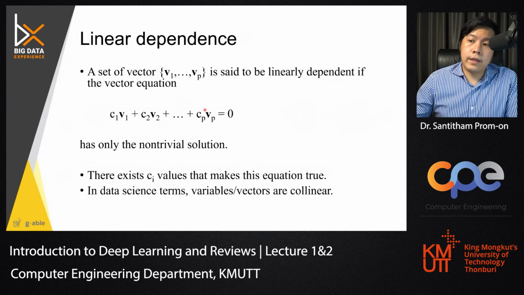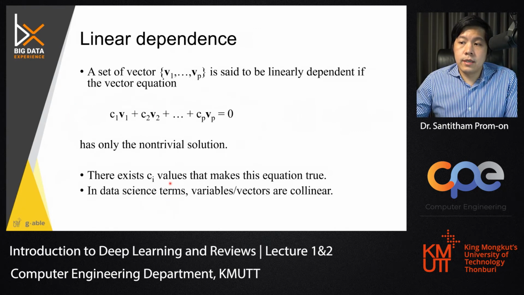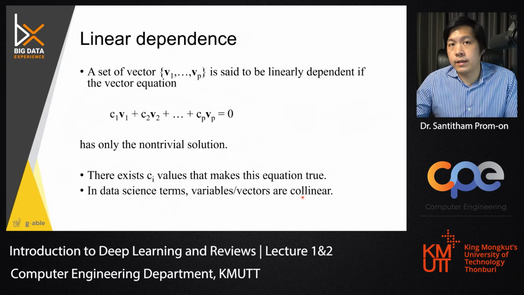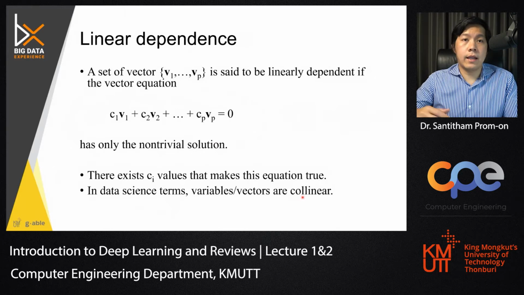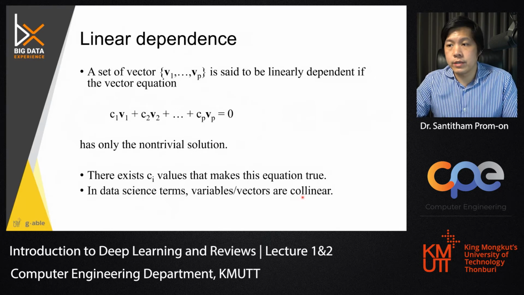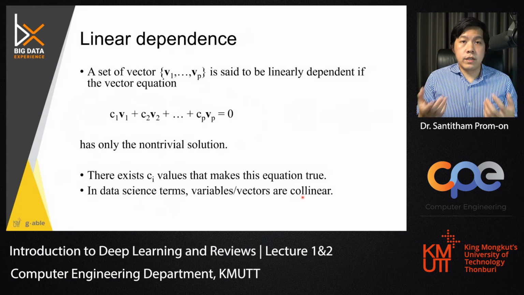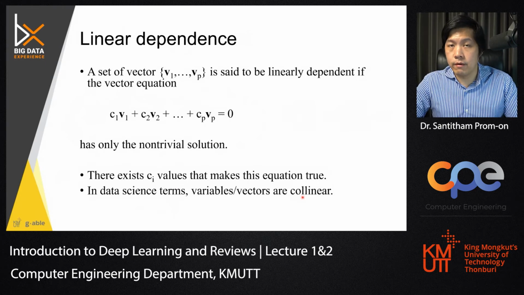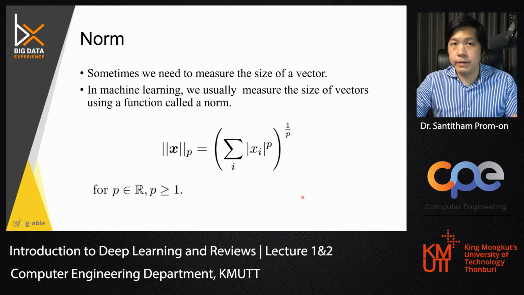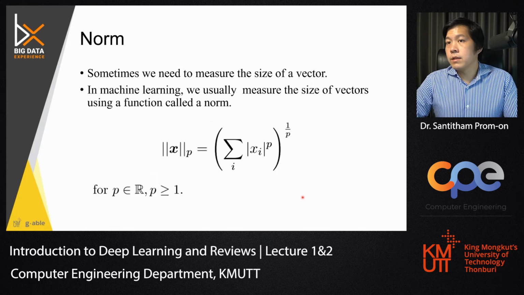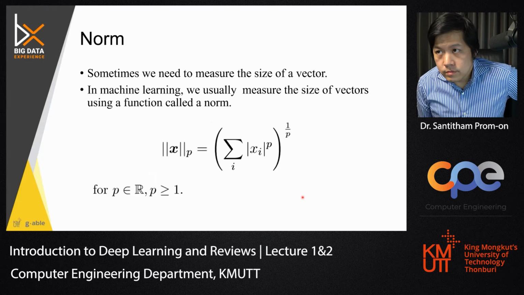If you can find non-trivial solutions, meaning there exist values that make this equation true, we usually call this collinearity. They depend on one another, and you can remove them from the equation. Although for deep learning you might not have to do so yourself, this is the concept of independence and dependence. Now let's move on.